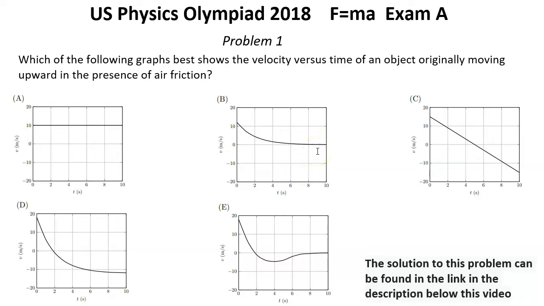It means that finally the object is not moving, which is not correct. And only on picture D is the terminal speed negative and the acceleration always decreasing. So that's the correct answer.